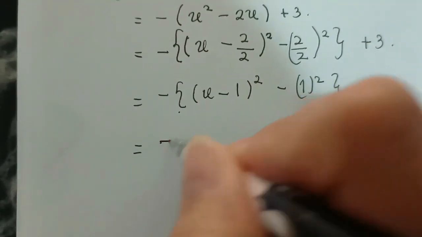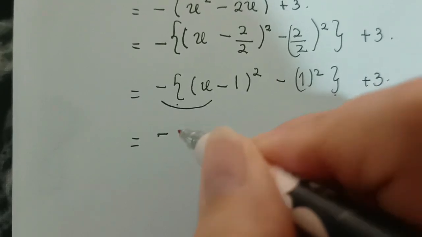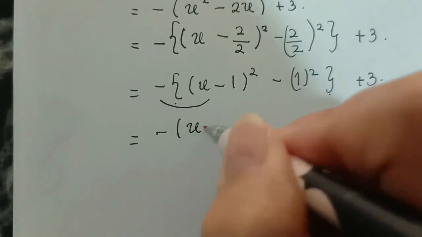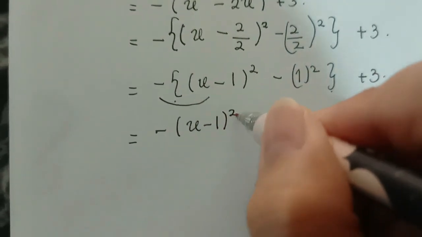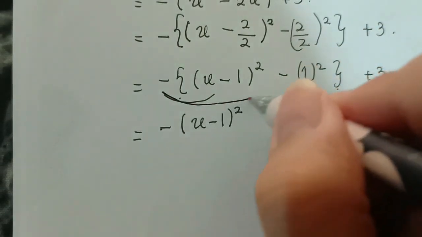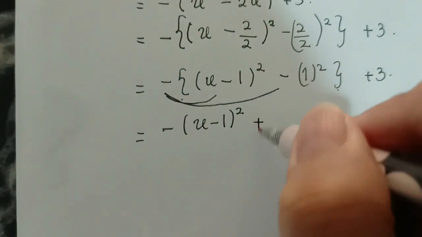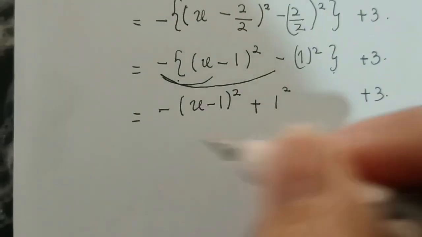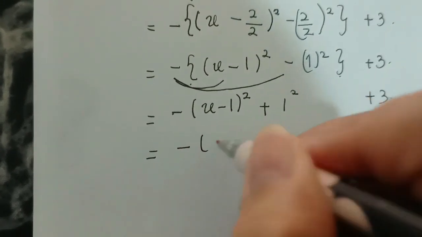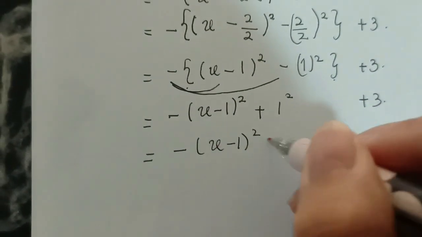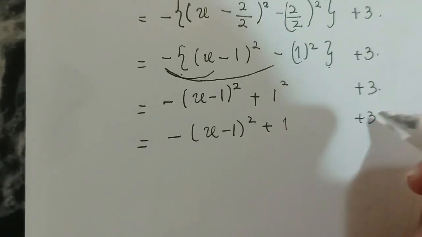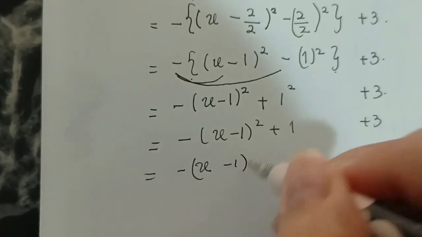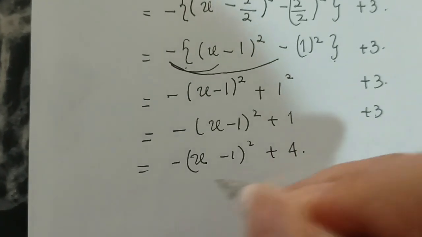Minus multiply x minus 1 quadrat will become minus x minus 1 quadrat, and minus multiply minus is plus 1 quadrat, plus 3. So the result is minus x minus 1 quadrat plus 1 plus 3, equal to minus x minus 1 quadrat plus 4.